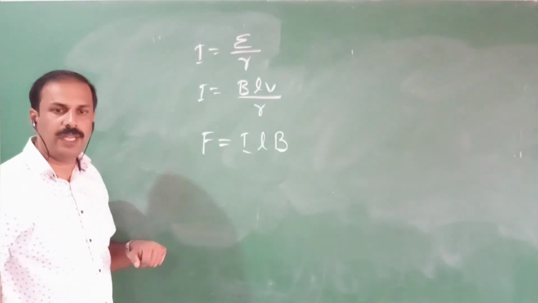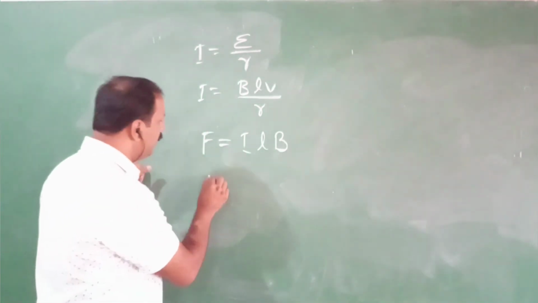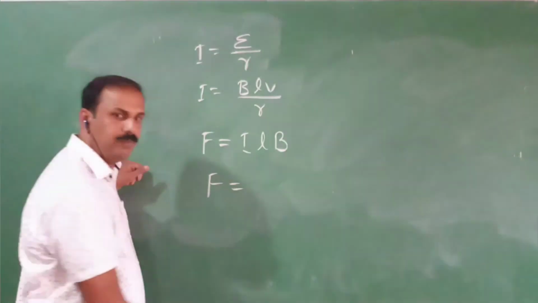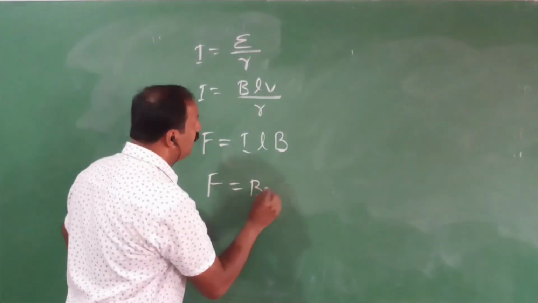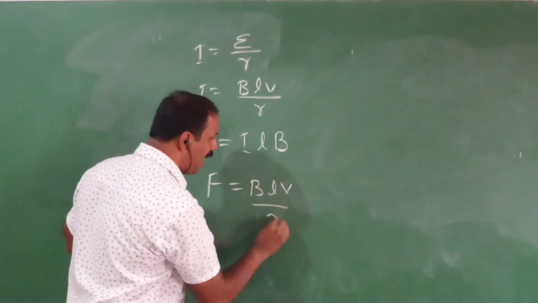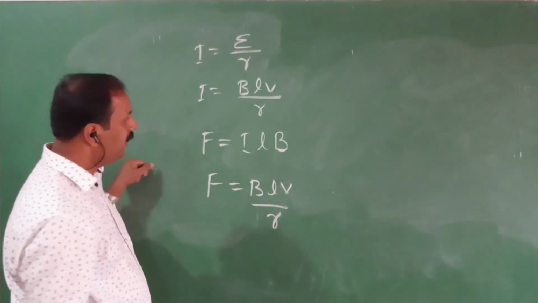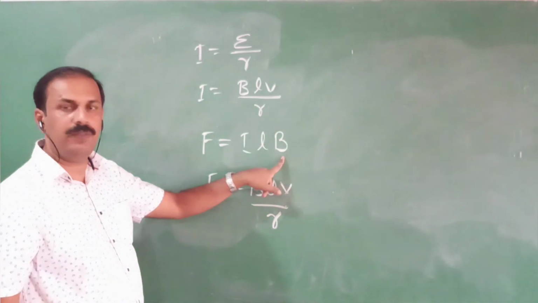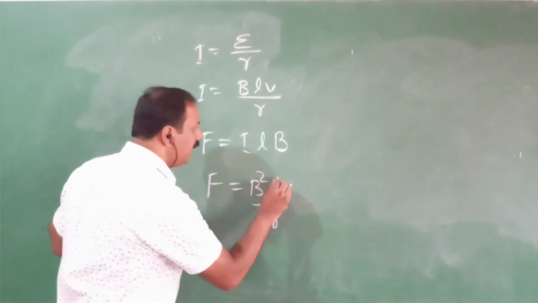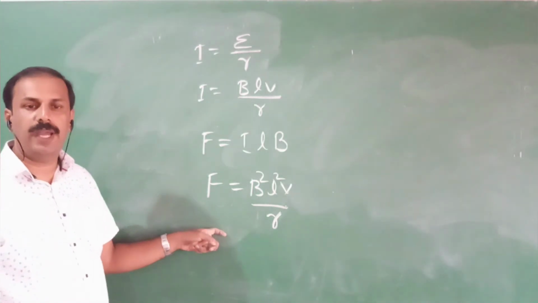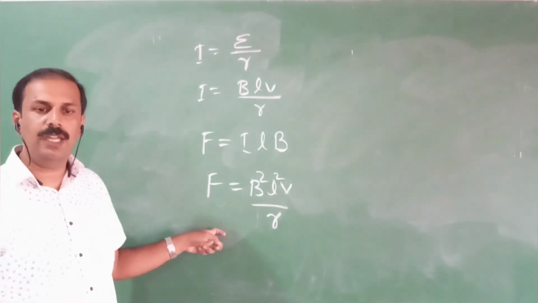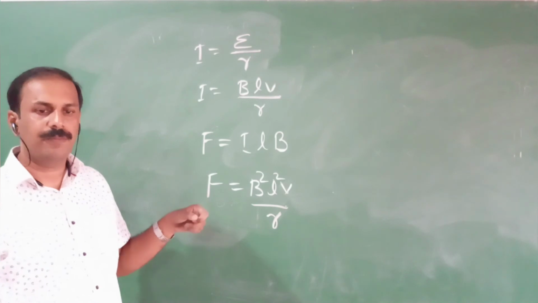Already we got the equation for I, so if you substitute that, the force is given by B L V by R, then again one more L and one more B will come. So you can make B square and L square. So the force is given by B square L square V divided by R.